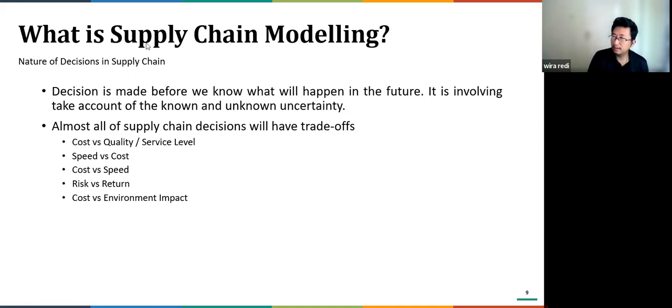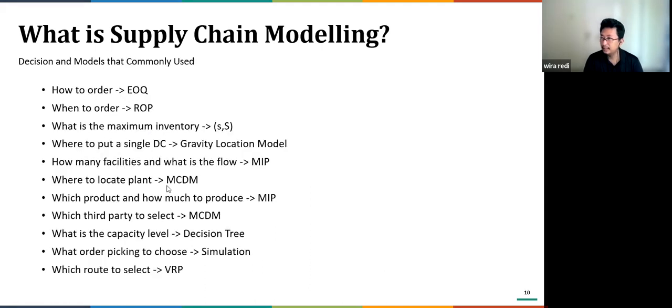So our goal in modeling these decisions is to provide several options that can be the best option for this trade-off. Okay, next. Here are several examples.